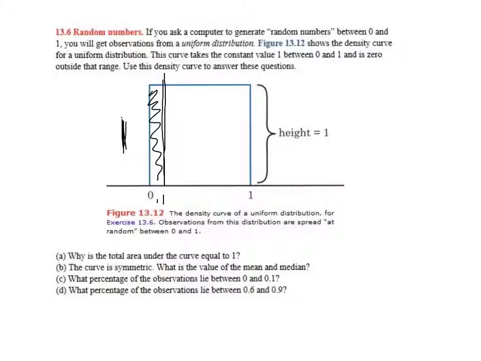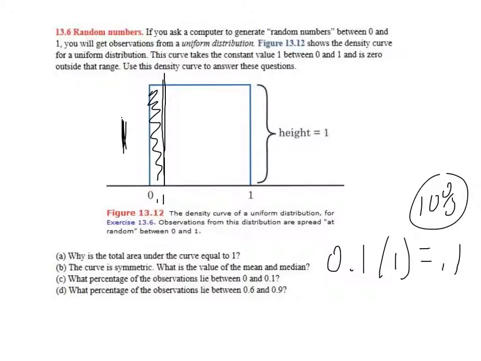So we know it's 0.1 wide times 1 high, so that's an area of 0.1. That's the probability, so let's change this to a percentage. 10% of the numbers will fall within that range.